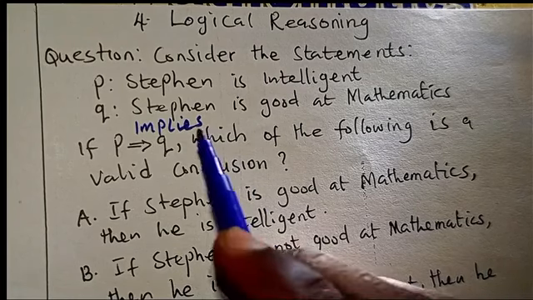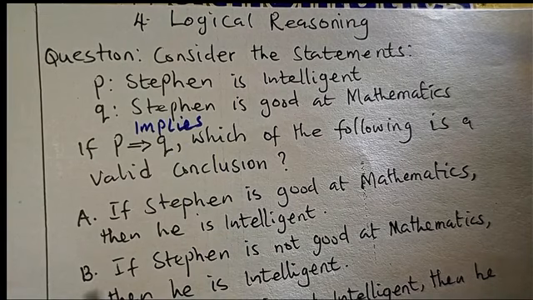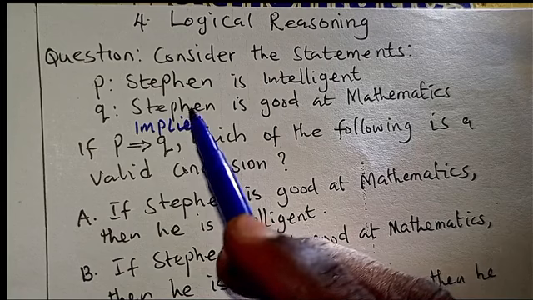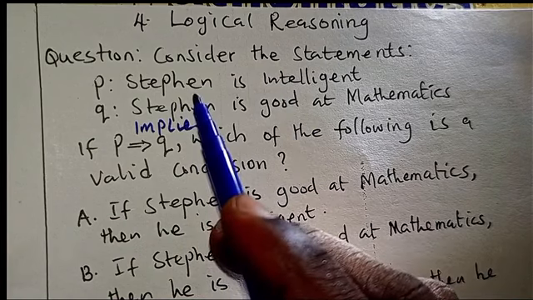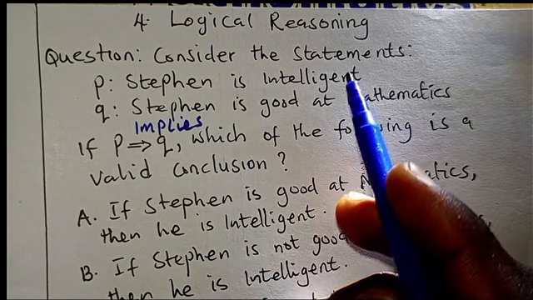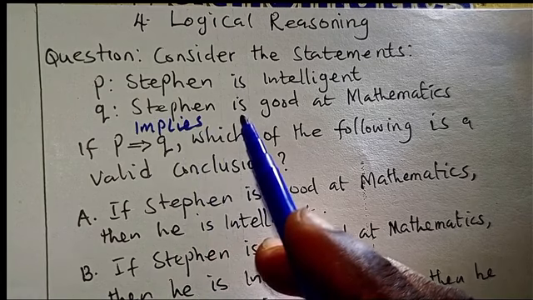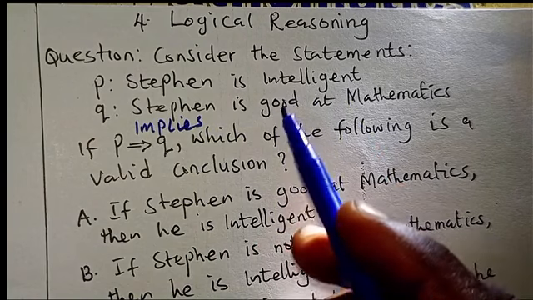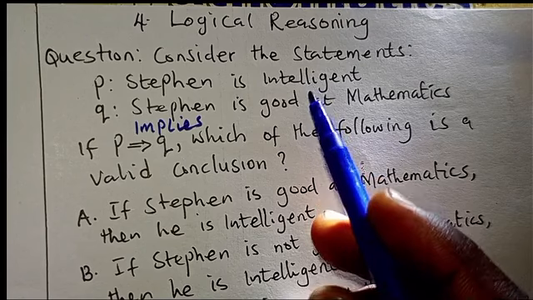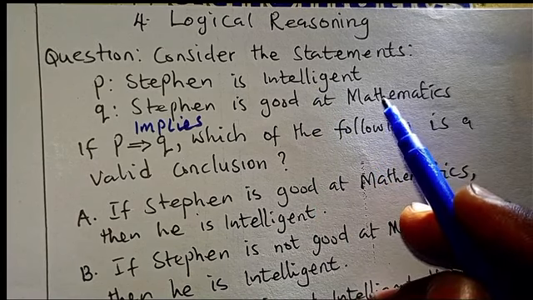Alright, so here I would like you to understand this. This is logical, okay? So Stephen is intelligent, so this implies that Stephen is good at mathematics, because it takes an intelligent person to be good at mathematics.